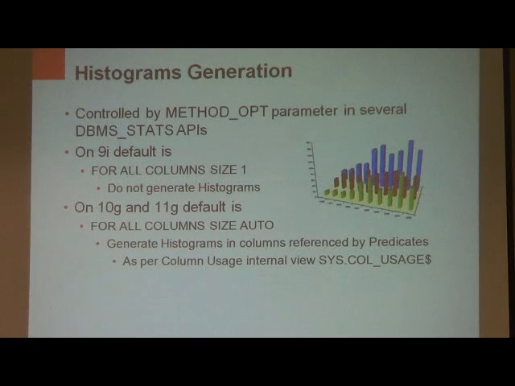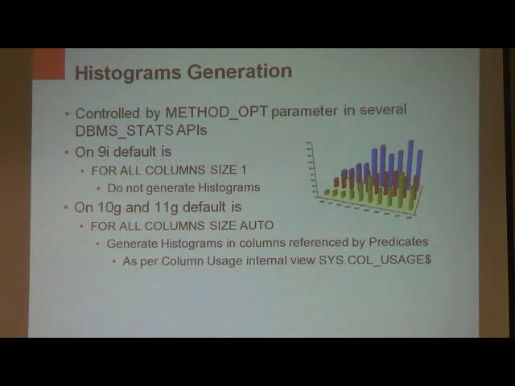One, two, a couple of people, three people. Keep in mind, 9i, by default, no histograms. So if you migrate your application from 9i to 11G or to 10G, and you do not want to see surprises, you want to continue having no histograms.